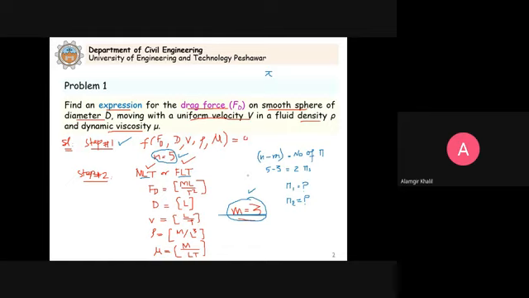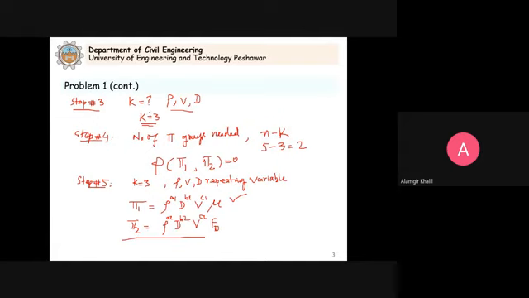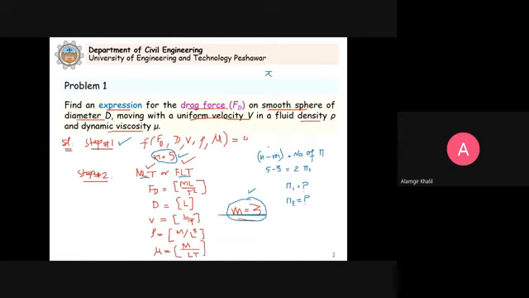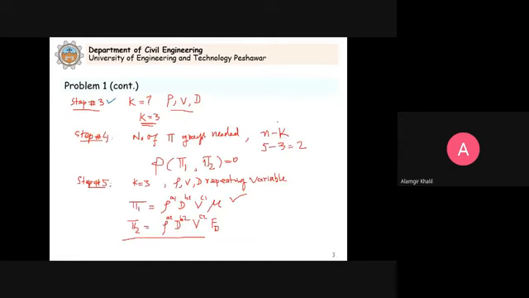Clear? Now the question here is that this n minus m, according to the Buckingham-Pi theorem, gives us 2 pi groups. However, in your textbook, we go for step number 3, and instead of n minus m, we have to go for n minus k.